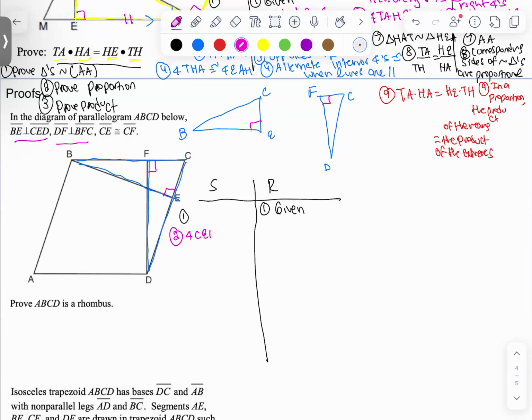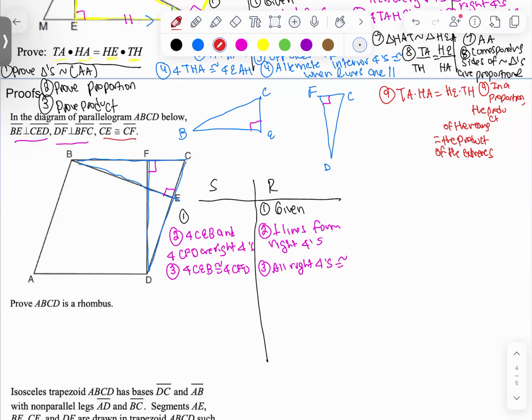Angle CEB and angle CFD are right angles. And that's because perpendicular lines form right angles. And now I can say that angle CEB is congruent to angle CFD because all right angles are congruent.